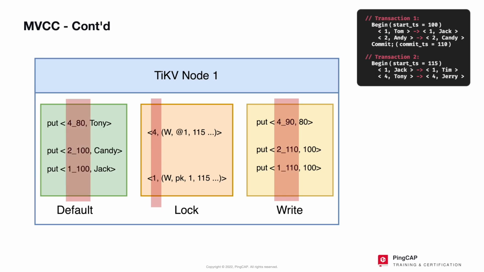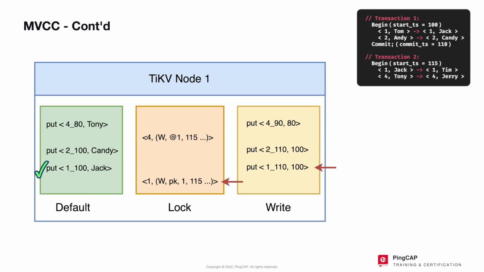Note, the user key here is the business key, and the key refers to the key stored in RocksDB. All column families are stored in the order of user key. Second, the same user key is stored in start_timestamp or commit_timestamp order from most recent to oldest. This information will help us understand just how MVCC works.